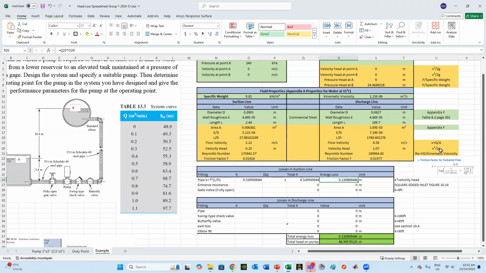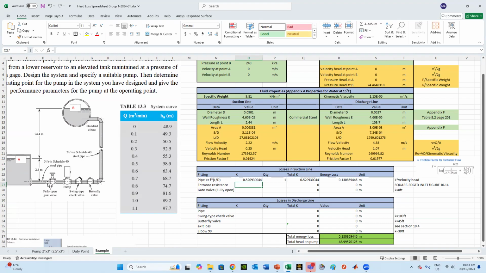Because velocity head is V squared over 2G. And you get that value. So velocity head is that value, which, if you look at that cell, is 0.20. And if you come here, you can see I used 0.20. So K times velocity head, V squared over 2G, that is the friction, and you get the units for that in meters.